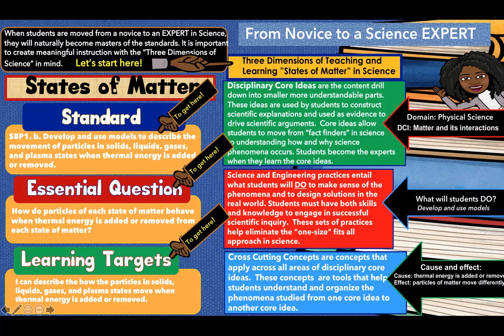So this specific cross-cutting concept is cause and effect. I'm going to be sharing the Next Generation Science website, and we're going to look at it in more detail to help you successfully maneuver through it so you can help bring your students from novice learners to experts in science.